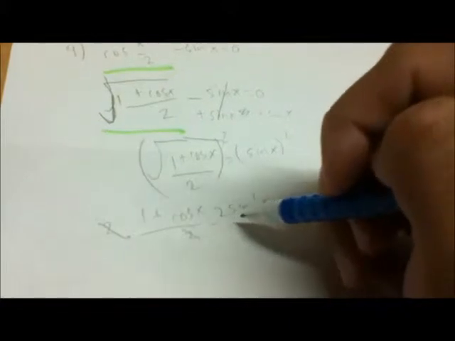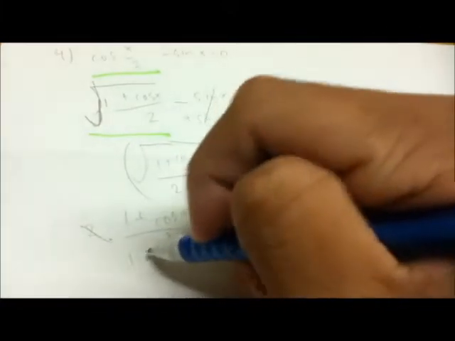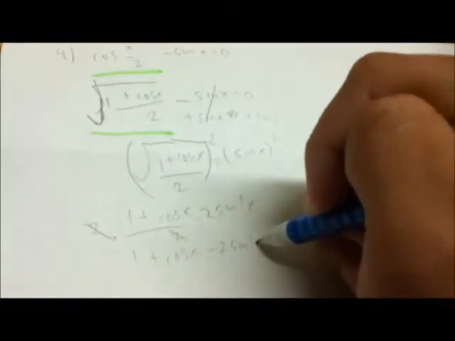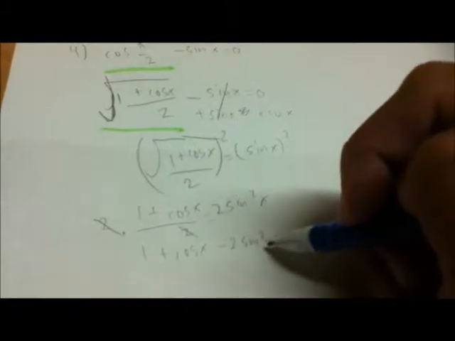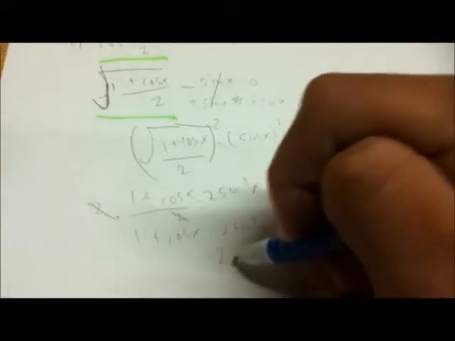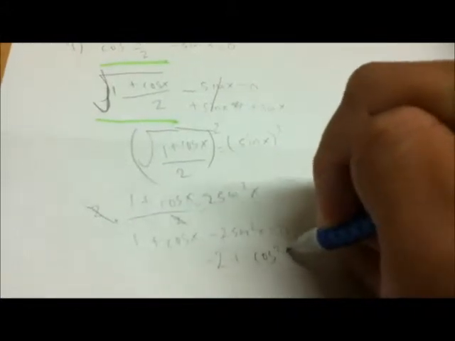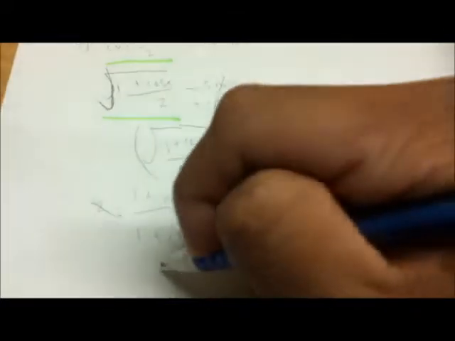We want to move this all over to make it equal 0, so we can use the zero product property later on. So 1 plus cosine x minus 2 sine squared x. If we use our Pythagorean identity, we can substitute this sine squared x for something with cosine, so everything can be cosine and we can work with it easier. So sine squared x is equal to 1 minus cosine squared x. Keep in mind I'm keeping the negative 2 there.